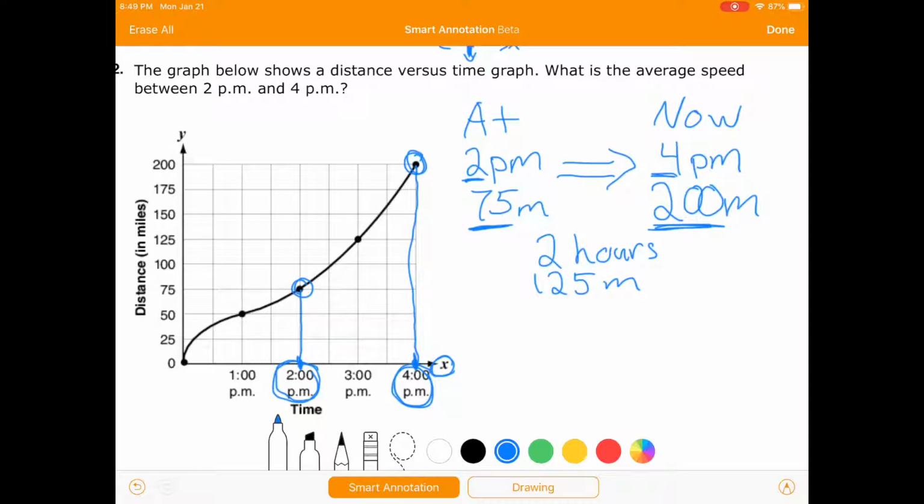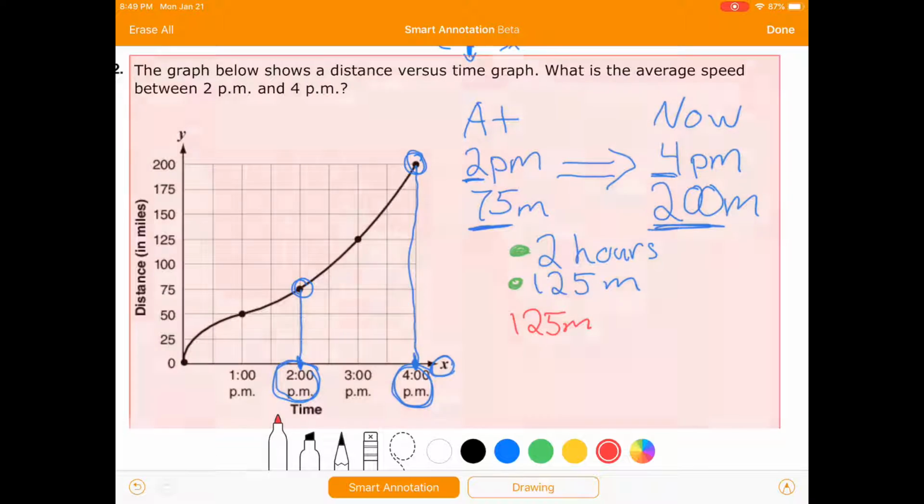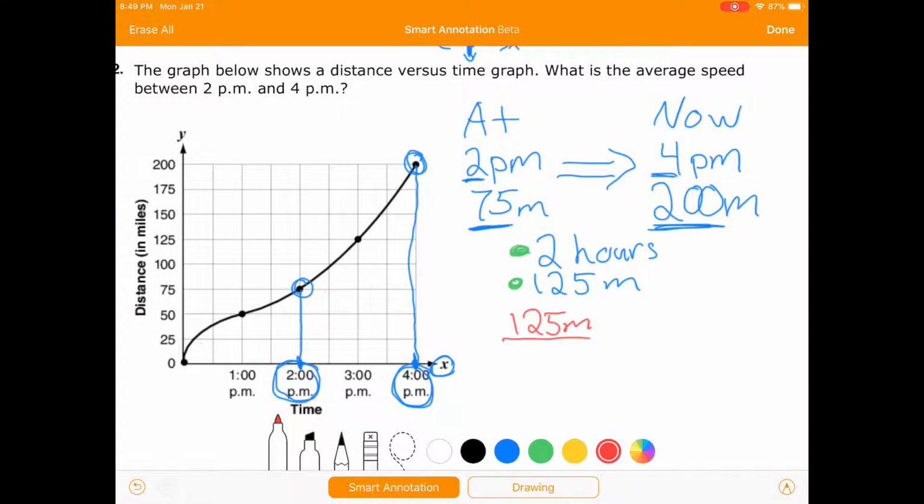So the question is, which one, whether it be our 2 hours or 125 miles, which one was our y values on our graph? It was our distance. So we're going to put our 125 miles on top. Then we're going to put our x values.